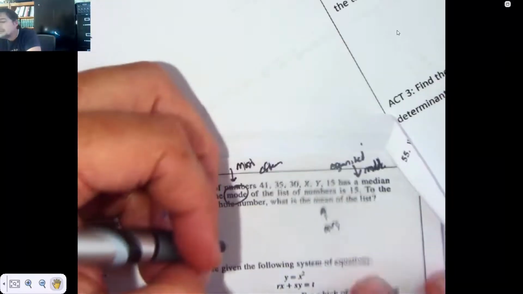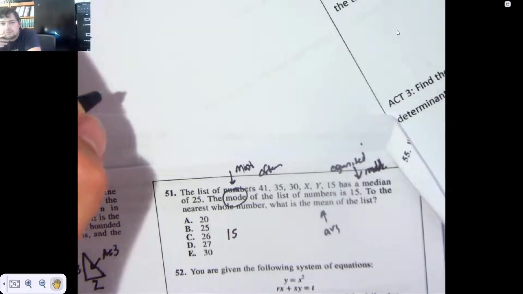All right, so let's put this list in order. We have 15. And if the mode is going to happen most often, then there's got to be another 15, doesn't there? At least one of these is a 15. That's the only way this can happen. So 15, 15. I don't know what x is yet. 40, 30, 35, 41.